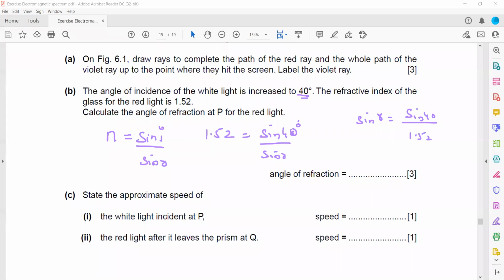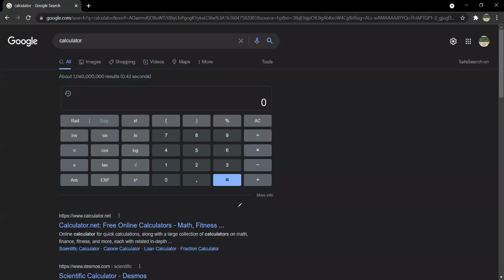So to get the value for sin 40, as a formula for refractive index, when it is moving from air to glass, it is sin angle i over sin angle r. So refractive index is 1.52 and it is sin 40 divided by sin r. So what is the value for sin 40? We should take in degrees.